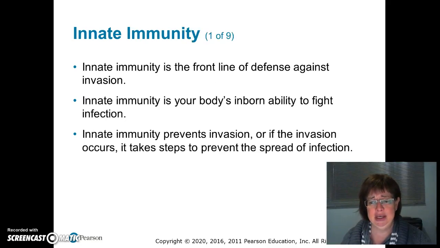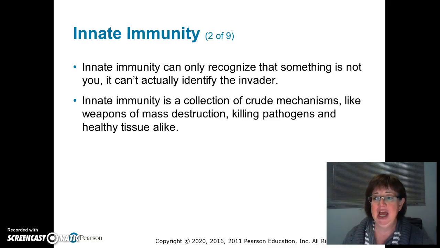When we look at immunity, there are two types. There's one called innate, which you are born with, and another one called acquired, where you pick it up with age. Innate immunity is the front line against invasion, it is what you were born with, and it prevents infection.